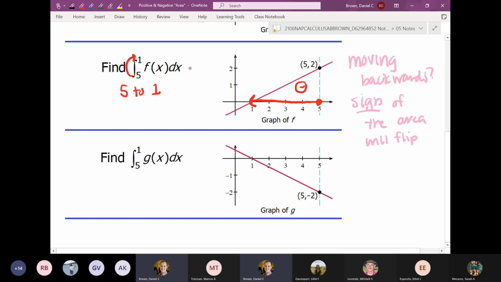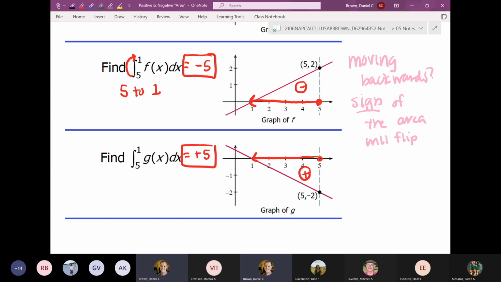So this definite integral would become negative 5 instead of positive 5. Same thing would happen if you have a negative area. If you're going from 5 to 1 moving backwards, what was a negative area would then become a positive area. So this definite integral would have positive 5 as its answer. So we are going to attach the definite integral with net area, but we also have to take into consideration that area could be both positive or negative. So that's how we will look at it geometrically.